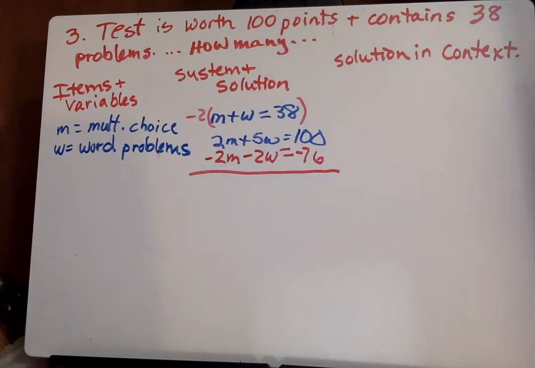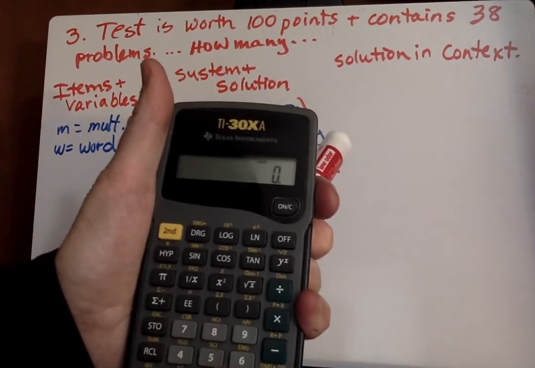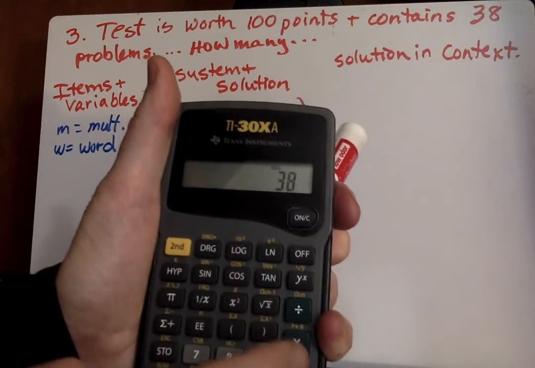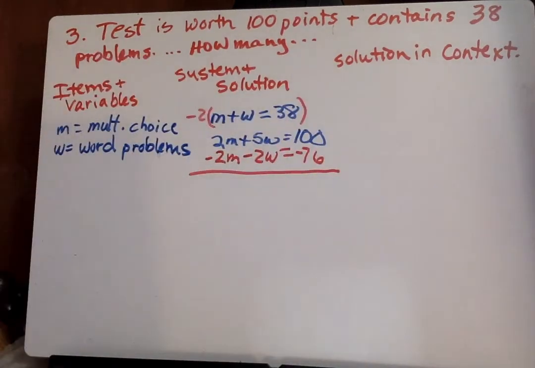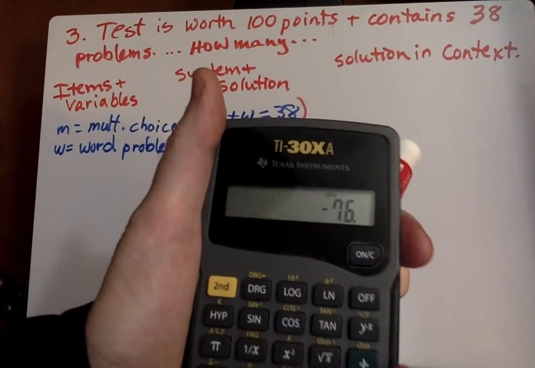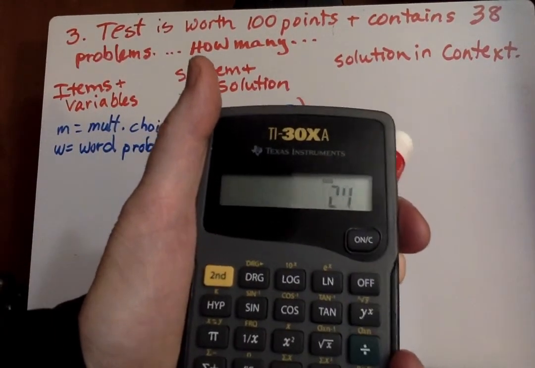I've been getting things wrong, so I better double check that. 38 times 2, negative 76. And then while I'm doing that, I might as well add 100 to see what I get there.